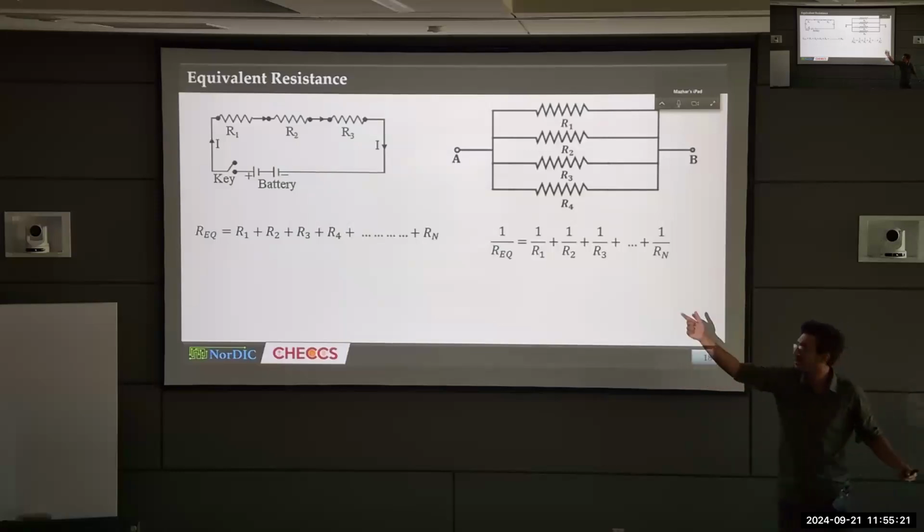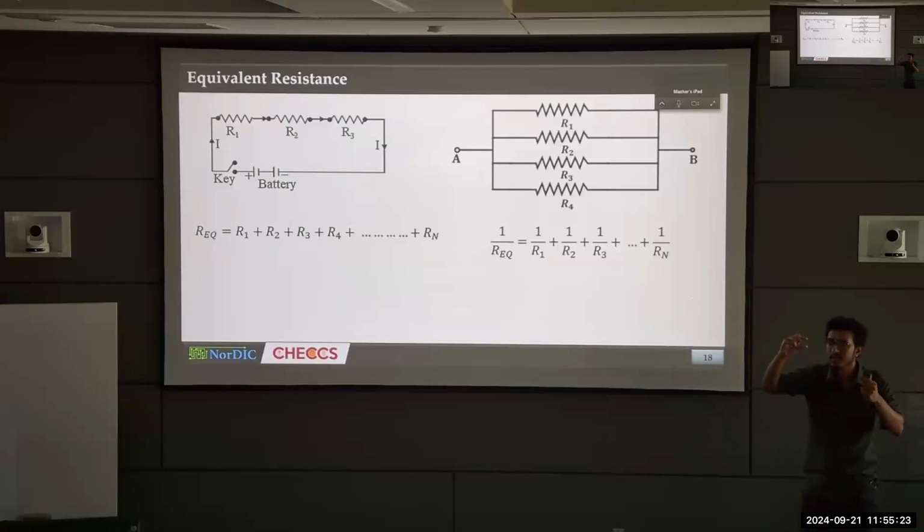Same thing can be done for electrical wires as well. You can make the wires wider for electrons to flow smoothly. And think about it, just a question of intuition. If you increase the thickness of a wire, do you increase the resistance or decrease the resistance? Decrease the resistance so that electrons can move freely.